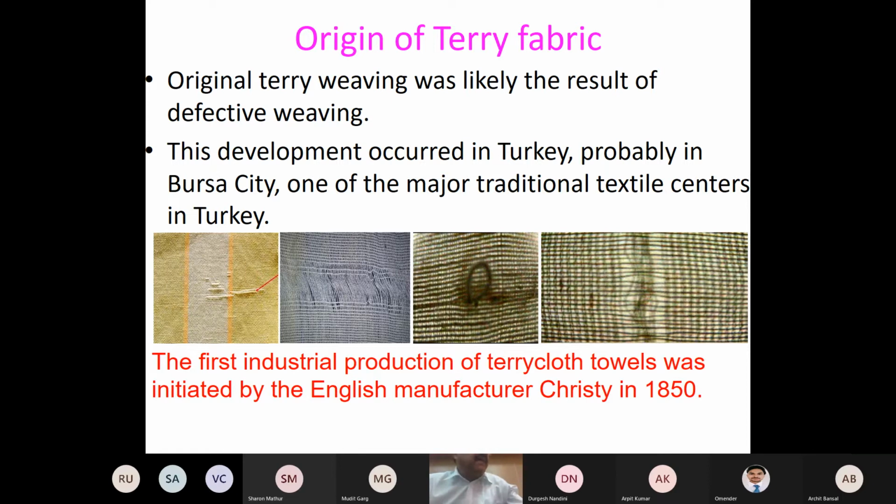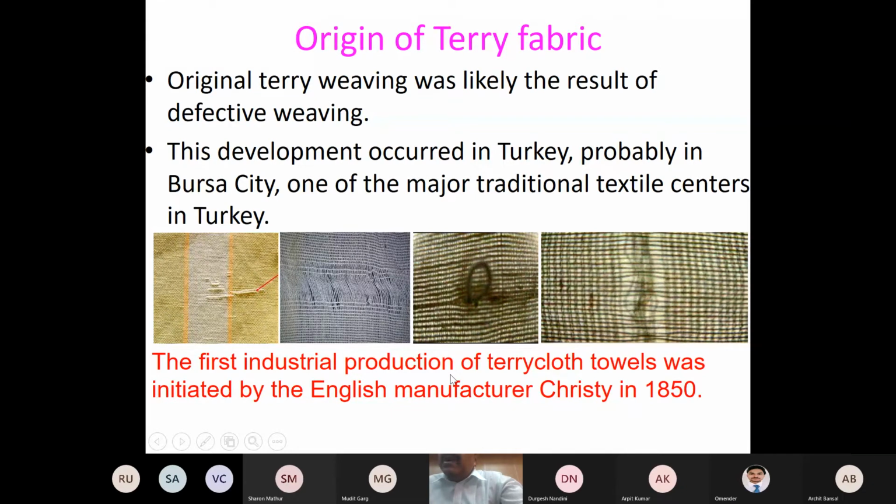This fabric subsequently, or this idea of loose structure subsequently was customized to create a systematic loops in the fabric, producing the fabric called terry fabric. So while producing terry fabric, we just create loops so that the structure becomes loose, creating enough space to absorb water.